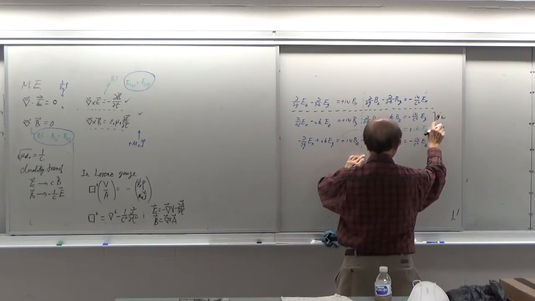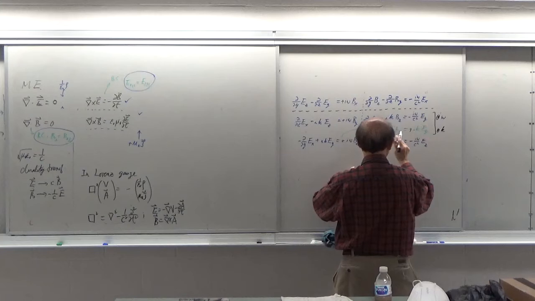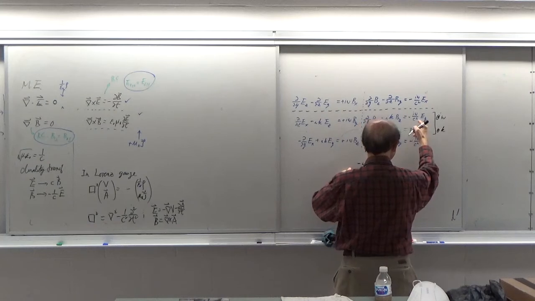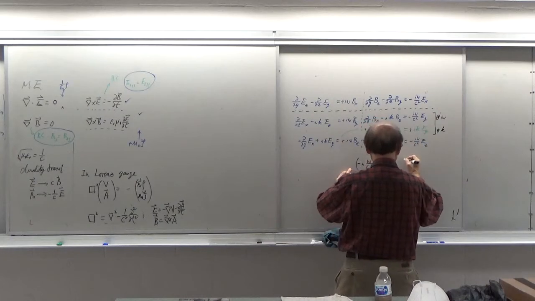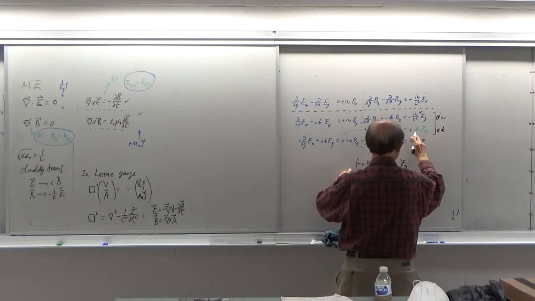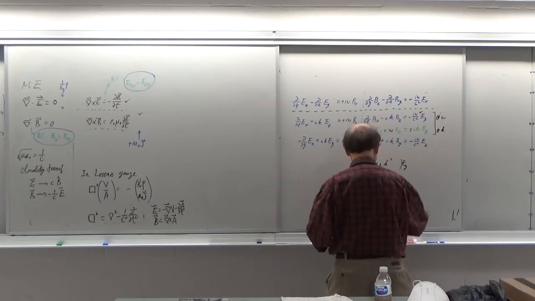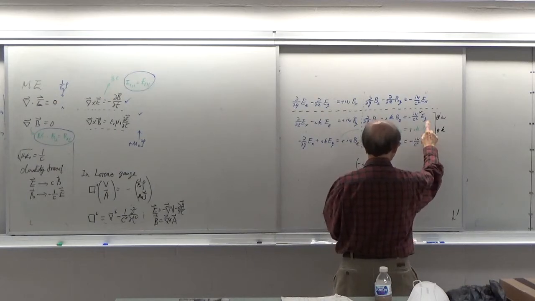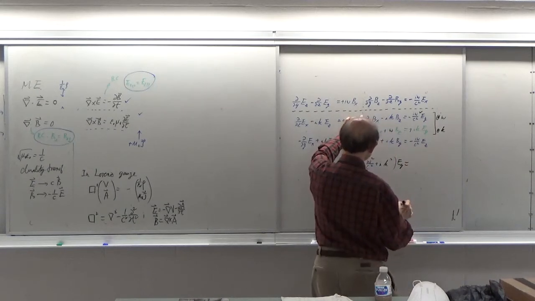This plus that with omega, so let me put this on the left hand side: minus i omega squared over c squared times Ey, plus i k squared times Ey, and that's equal to this.